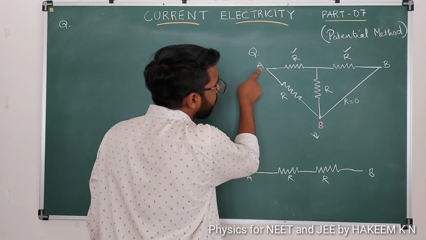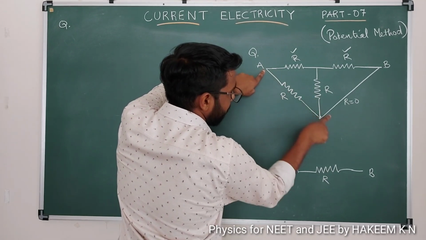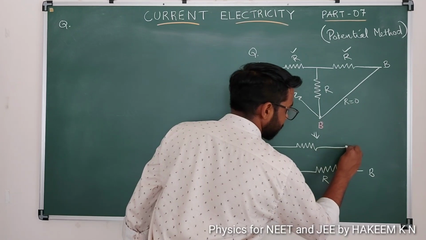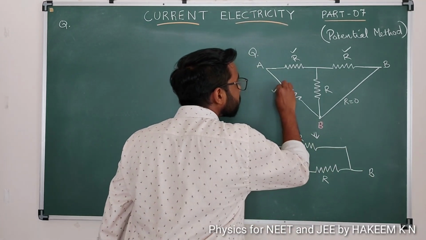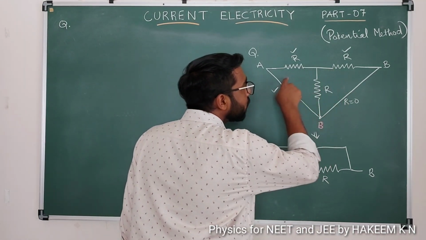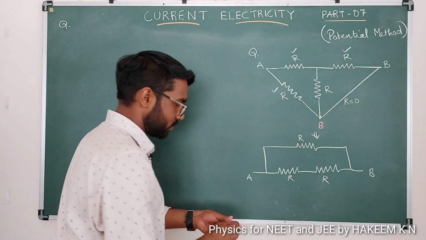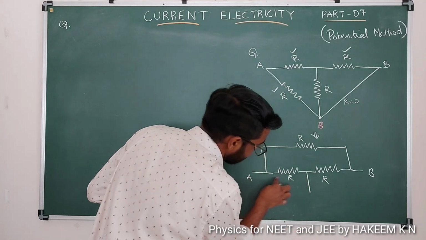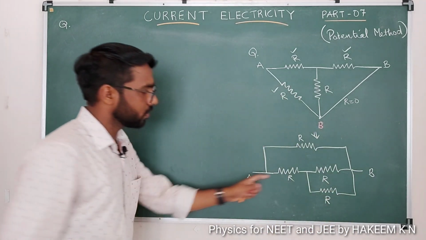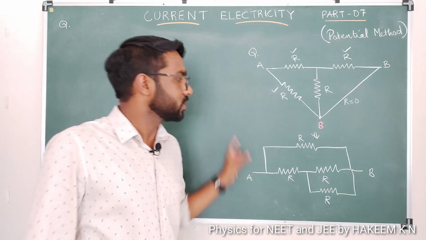Now you can see a resistance is directly connected from A to B. Okay, that's also over. And here we have a resistance R in between these two resistors, and it is connected to B. That is drawn here, connected from between these two R. This is the equivalent network.